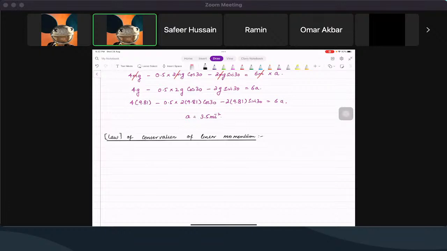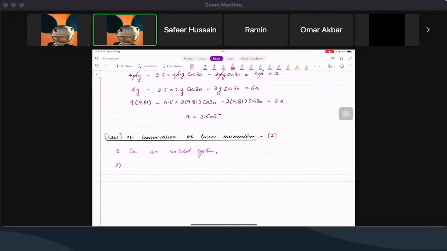Now, whenever they ask you what is the law of conservation of momentum, the definition of this law has 2 marks. So for 2 marks, I'm going to break it down so that you can remember. In an isolated system. When I say isolated system, it means that this system has no unknown forces. All forces you know.